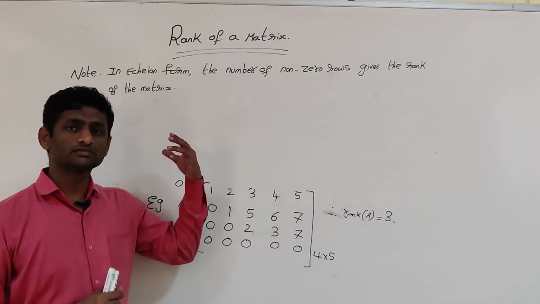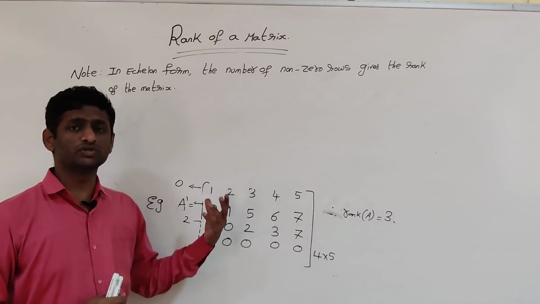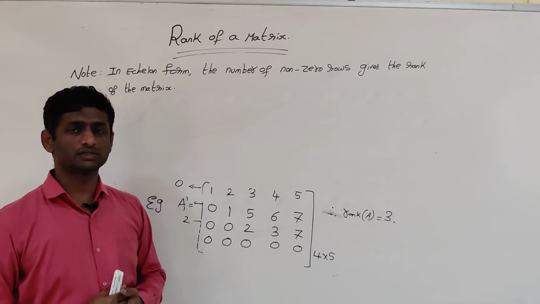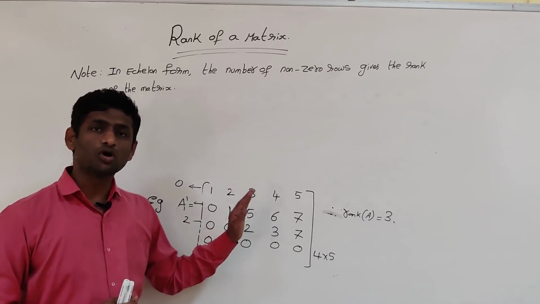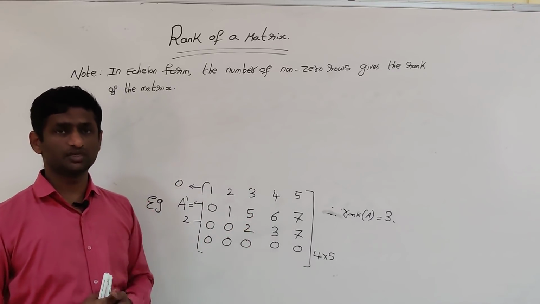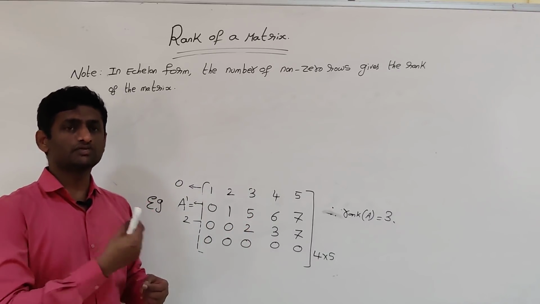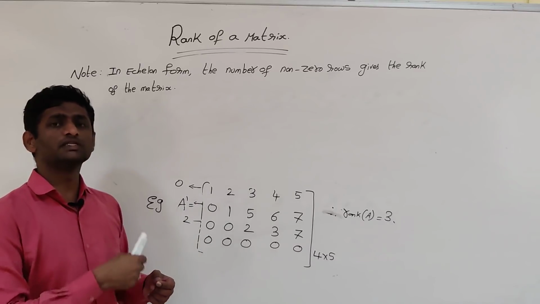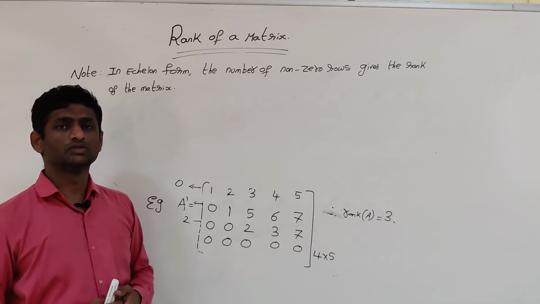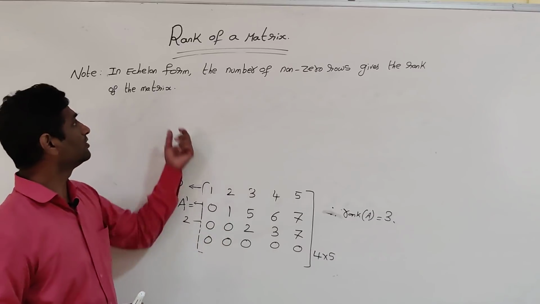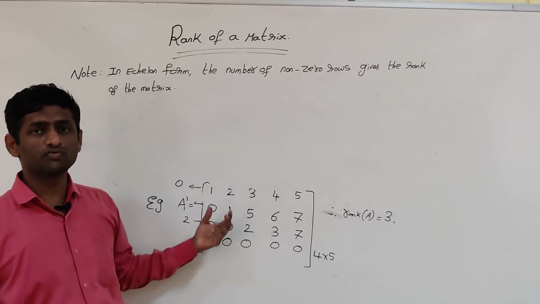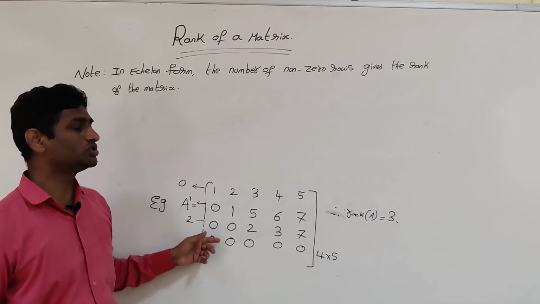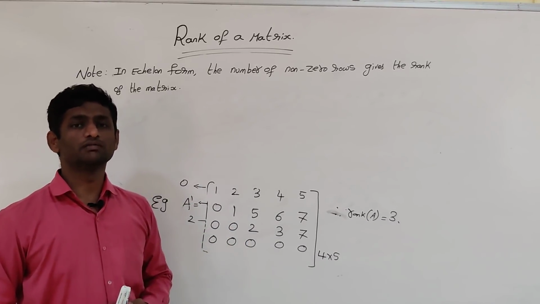If they are singular, then we search the 3 by 3 square submatrices. If at least one of the 3 by 3 is non-singular, then the rank will be 3. If you go on like this, it is a time-taking process. So instead, using elementary transformations, we convert it to echelon form, and the number of non-zero rows gives the rank of the matrix.